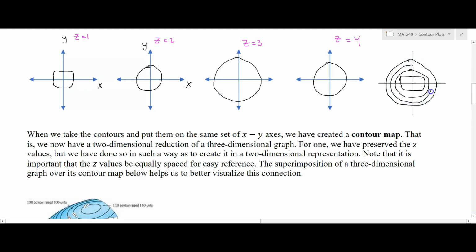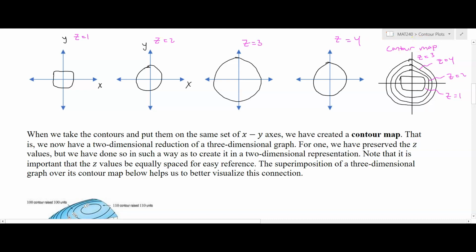So here's kind of what we would see. And then what we would want to do is label these. Of course, we'd want to call this z equals 3, and then this guy would be our z equals 4, and z equals 2, and lastly, z equals 1. So this is our very first contour map.